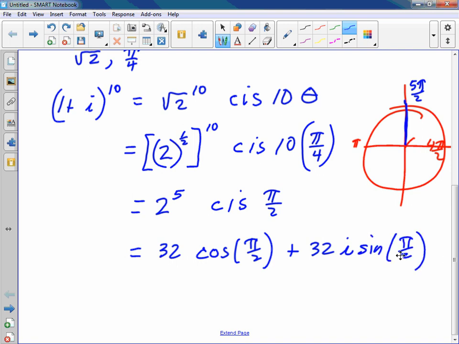Where'd they get all this garbage? That's the code for cis, right? Cosine theta plus i sine theta. Make sure that you distribute the r to both cosine and sine. A lot of times people go 32 cosine pi over 2, and then they'll just go plus i sine pi over 2. Don't forget the 32 over here as well.